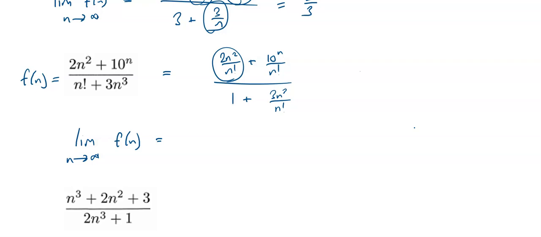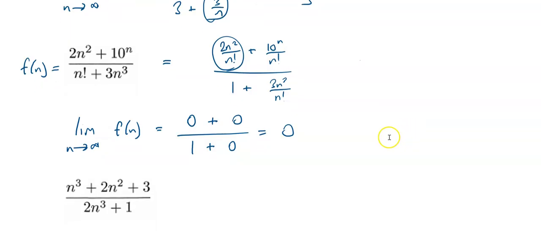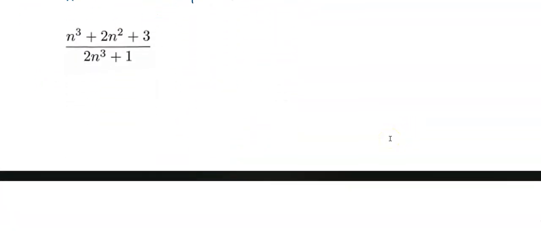Well, the first bit, we know that because n factorial gets larger than 2n squared more quickly, this approaches 0. Same argument for the 10 to the n over n factorial, that approaches 0, and then same argument for the bottom right, we have 0, so the limit of this is going to be 0, which would make no sense at all for a time complexity, but hey, that's just where I took these examples from. Try the next one, and you may think, oh, it's obvious, but anyway, it's also fun, so give it a go.